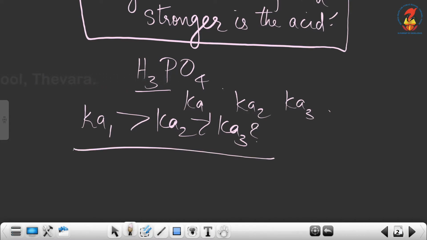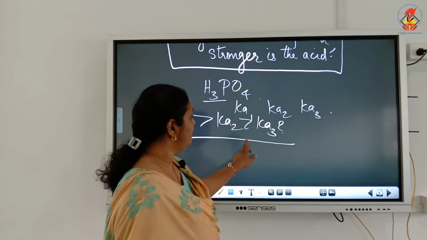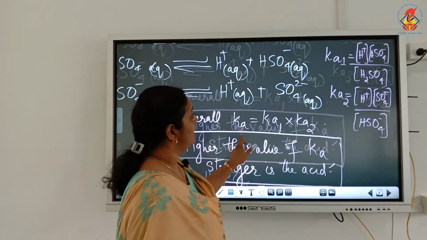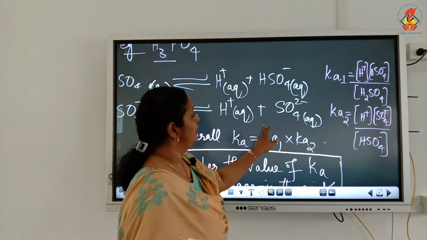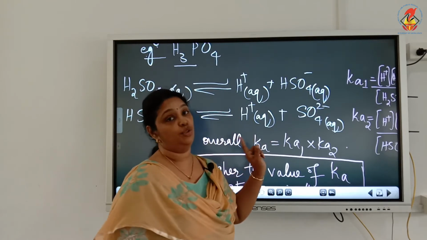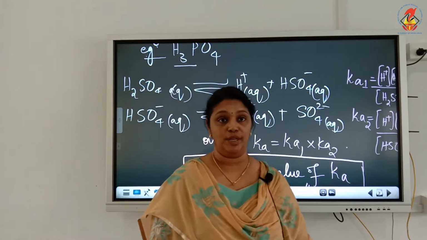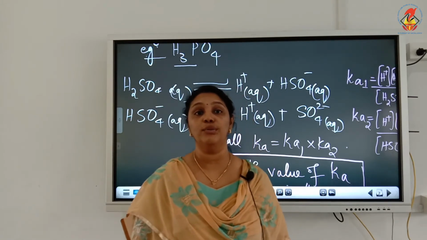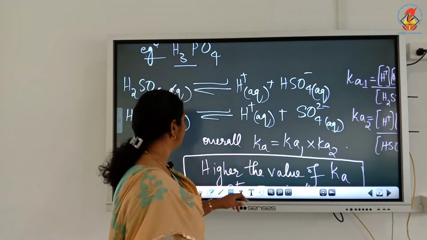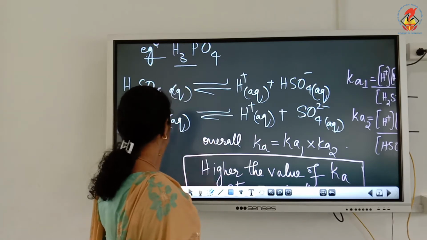Why? The reason is, when I say Ka1 value, that H+ ion in sulfuric acid is removed from the neutral H2SO4 molecule. Whereas when I write the Ka2 expression, that H+ ion is removed from a negatively charged species. You can see H+ is removed from HSO4-.